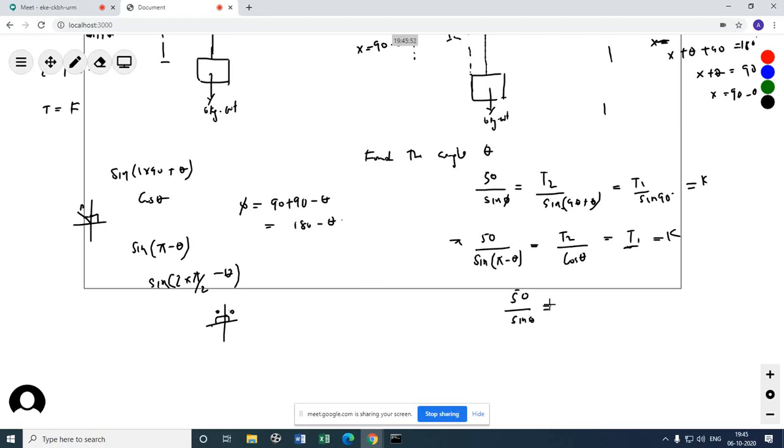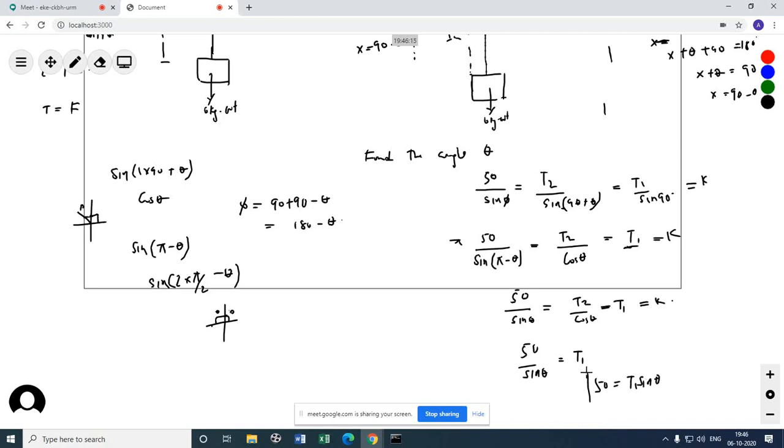So sine theta. So 50 by sine theta equals T2 by cos theta equals T1 equals K. Now you can see how I got this value. So 50 by sine theta is equal to T1, so 50 equals T1 sine theta.